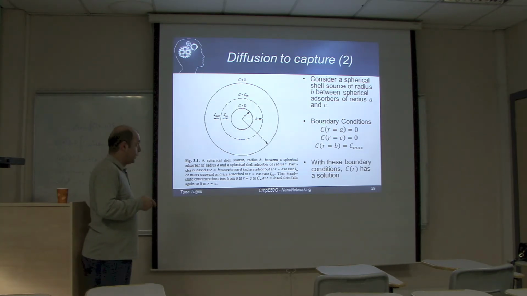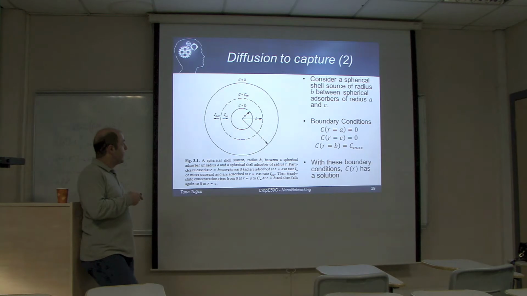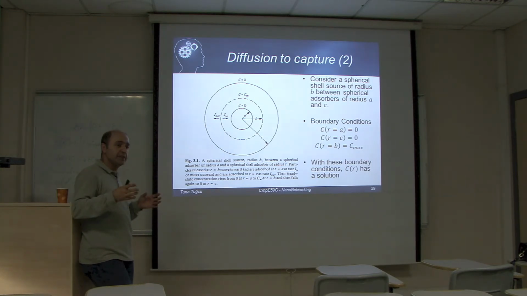So the boundary conditions are at the radius of A, this adsorbing surface, the concentration would be 0 because it has indefinite appetite for absorbing these messenger molecules. Similar is true for the outer surface at radius C, and at radius B, it's the maximum, C max, or in the figures you see it as C sub m.